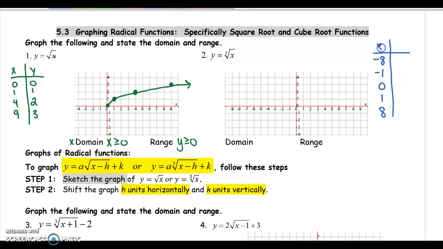So the cube root of negative 8 is negative 2, because negative 2 times negative 2 times negative 2 is negative 8. What is the cube root of negative 1? Negative 1. The cube root of 0 is 0, the cube root of 1 is 1, and the cube root of 8 is 2. Plot those 5 points.